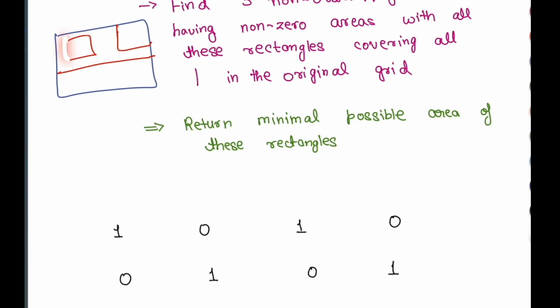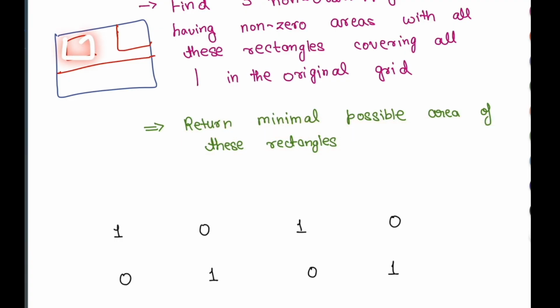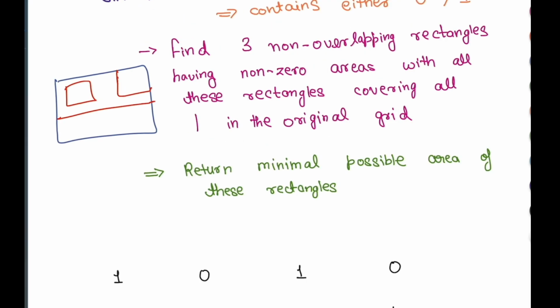Basically we need to return the sum of the areas of the three rectangles. But we need to ensure that we return the minimal possible area. So these rectangles have to be as small as possible in size and area, but still cover all the ones in the original given 2D matrix.